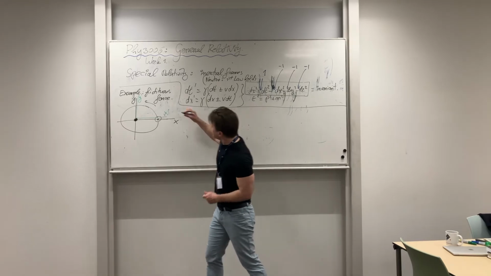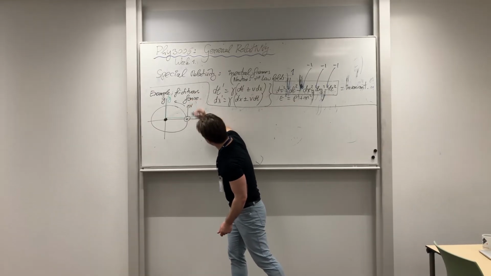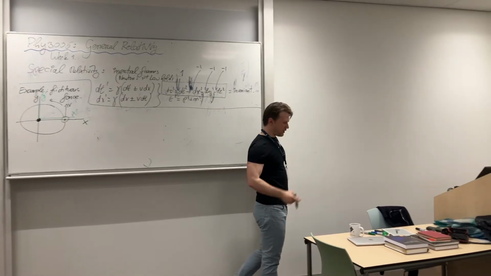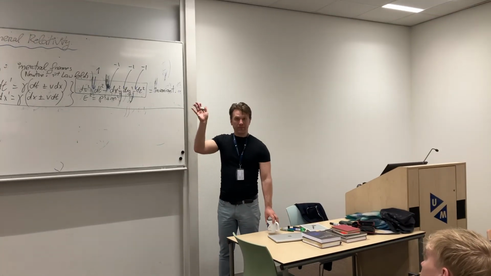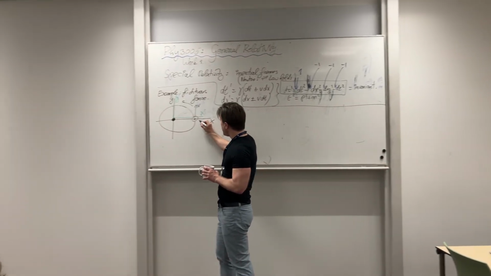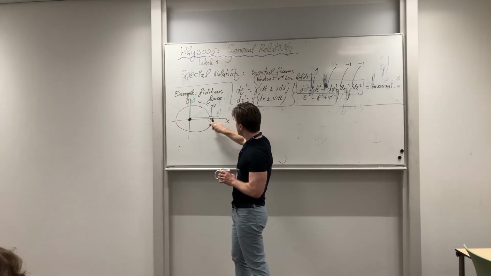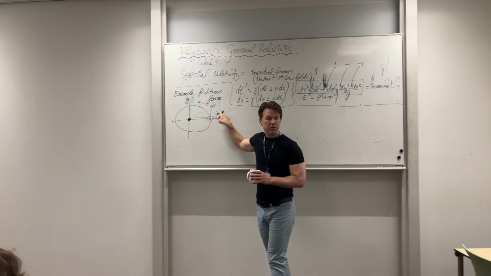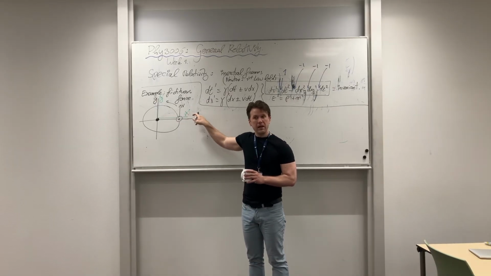So in the black frame, this guy will move up with a velocity v, whatever initial kick I gave it, and keep on going. Now I make the situation such that this mass started at the exact same value for x prime in green and x in black.